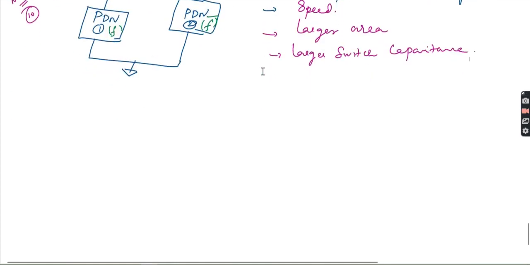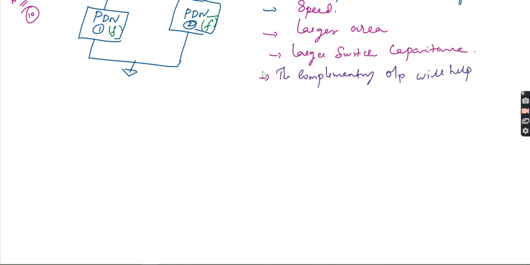The very important advantage is that the pull down networks may sometimes share some logic, which will reduce the area also. But the complementary outputs help eliminate the inverters.